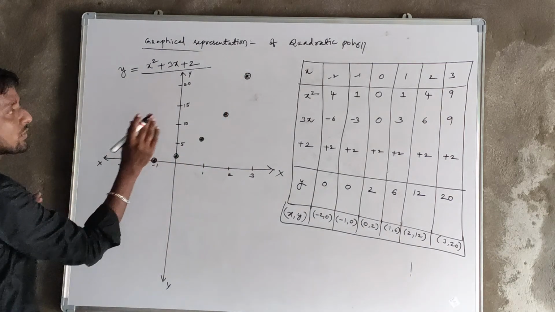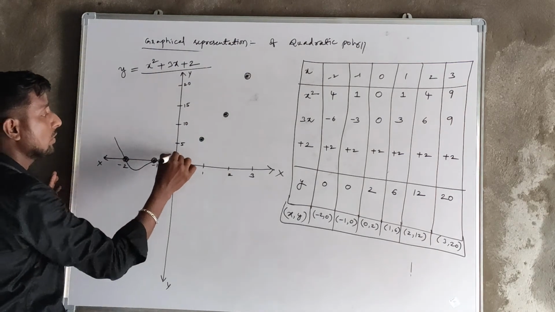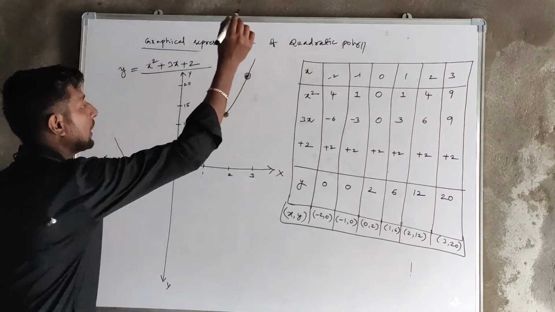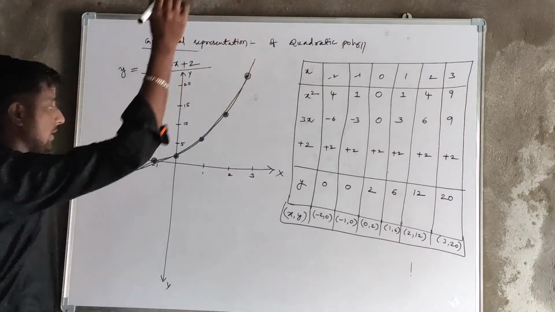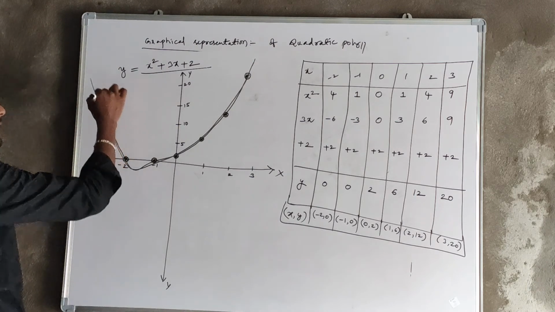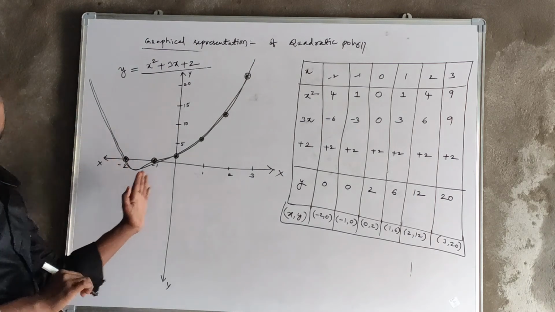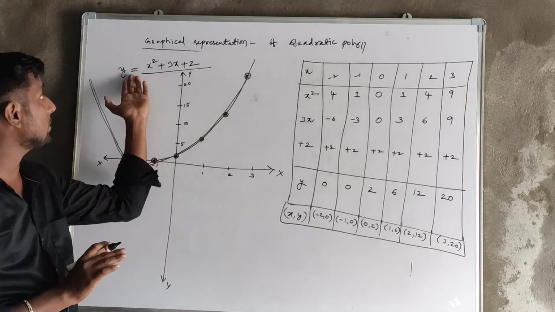Now, it's not a straight line. I said it's a parabola. So you must draw the curve diagram. Yes, parabola. If you extend, it will go some more height. Okay. It's a parabola. So this is the graphical representation of this one.